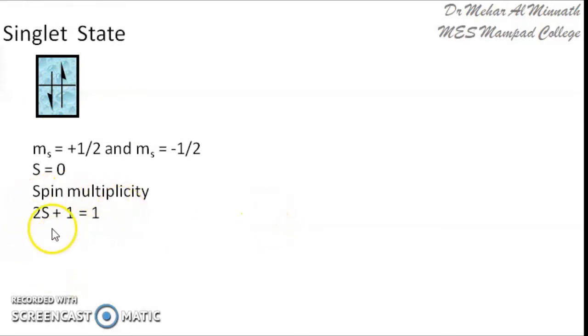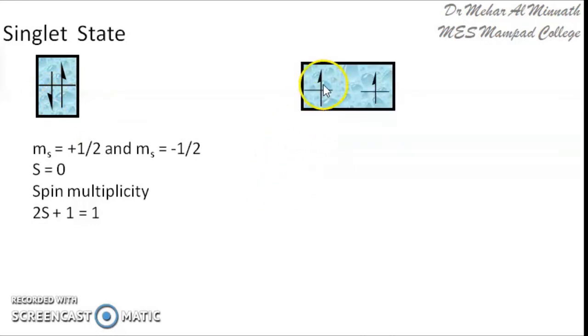When the spin multiplicity is 1, we call that state a singlet state, wherein the electrons are paired, or having opposite spins. Now there can be another case, wherein the electrons have parallel spin, both having spin quantum number plus half or both minus half.